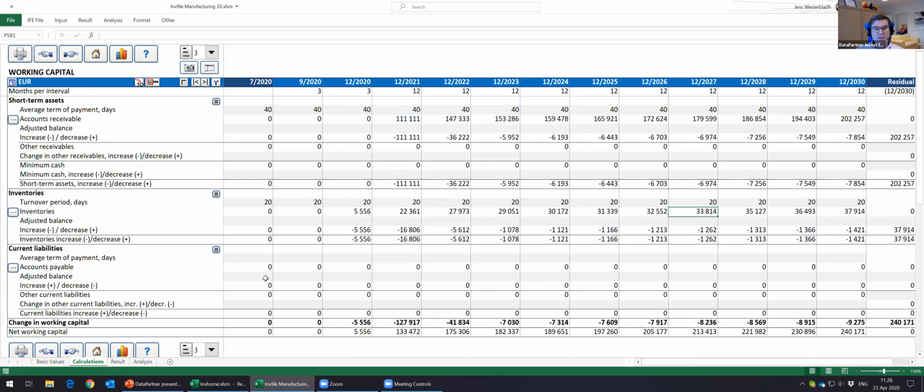Okay. But on the other hand, we also have some term of payment to our suppliers of raw materials and also for energy. And that was 30 days. But we also have other costs to take into account. We have maintenance costs and we have other fixed costs.